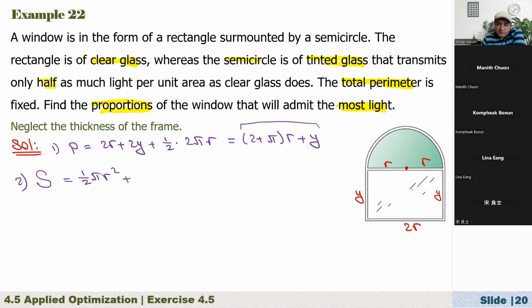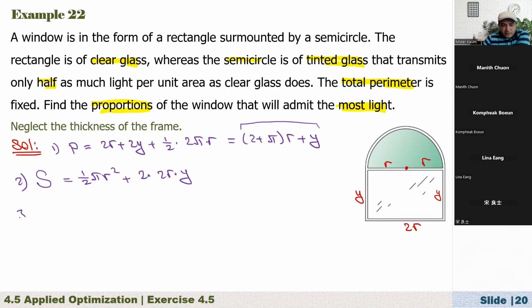That is twice as much as tinted glass, and the area is 2R times Y. So I have to multiply by 2, because it's twice as much as the tinted light. So here we have 2 times 2R times Y. That is the amount of light passing through the window, because the amount of light is proportional to the area. So we have to maximize this.